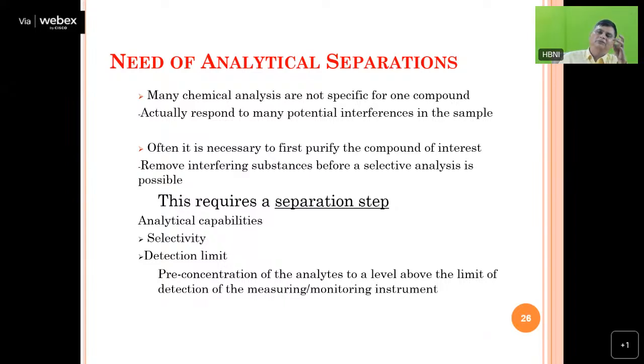For example, if in your lab you don't have ICP-OES, ICP-MS or even AAS, then you can't do the analysis in a low ppm range, forget about the ppb range. In that case you have to do the concentration, because you have to produce the result and still measure the concentration. So that's how you need pre-concentration.